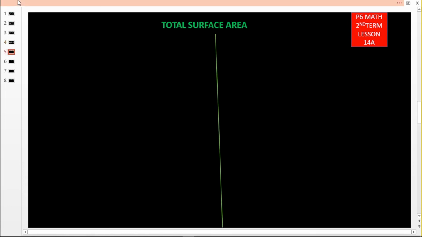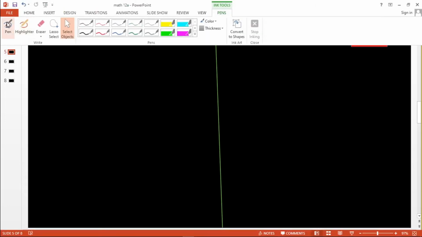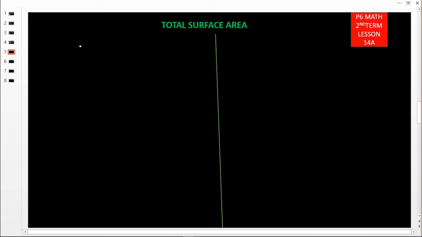So let us get another example here. One more example. Find the surface area of this cuboid here.